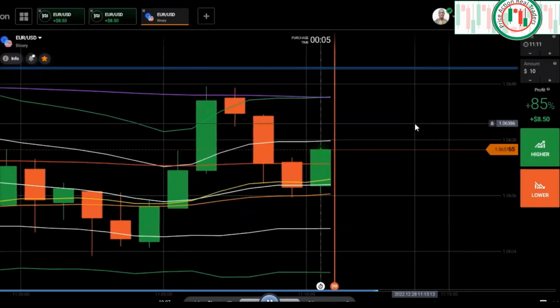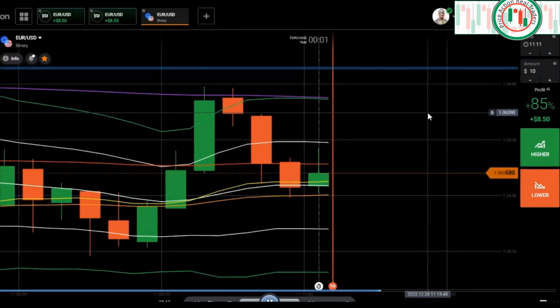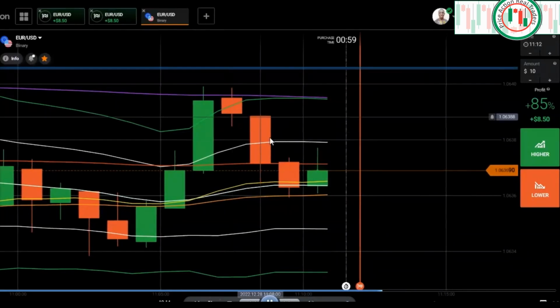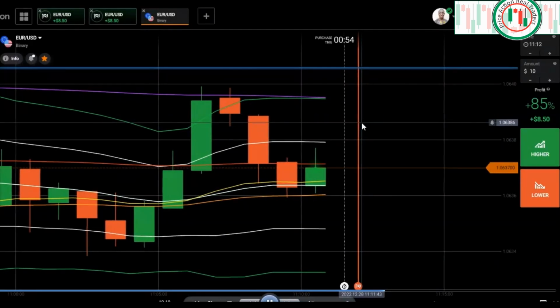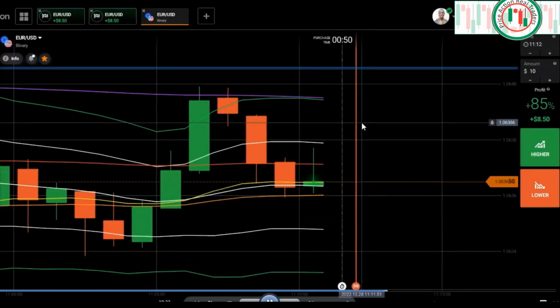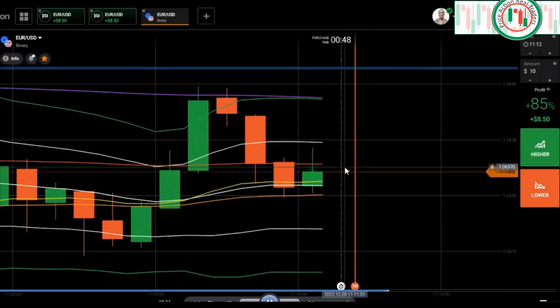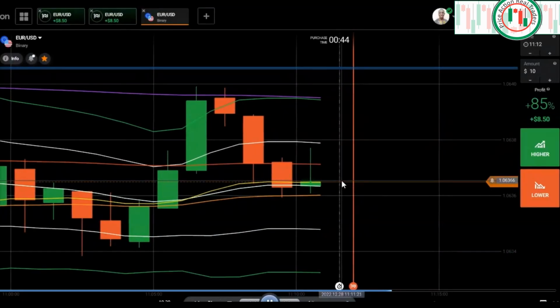You see, market is trying to go higher, but I will not place my trade. In ranging market it can create a pullback, even though the Bollinger Band shows a strong range market.